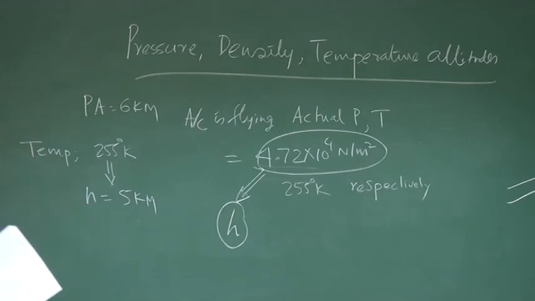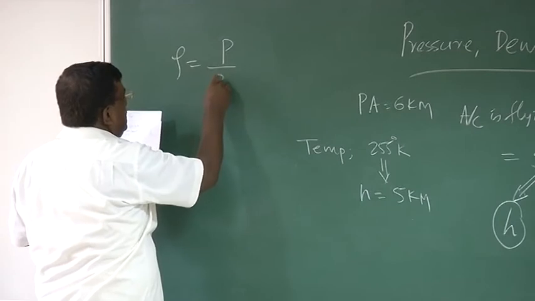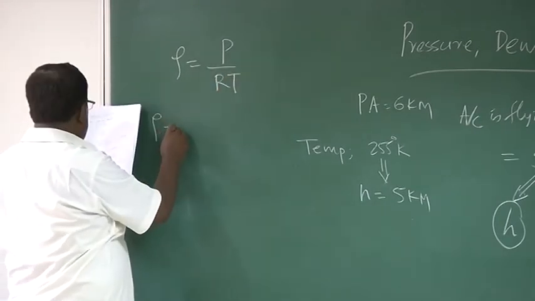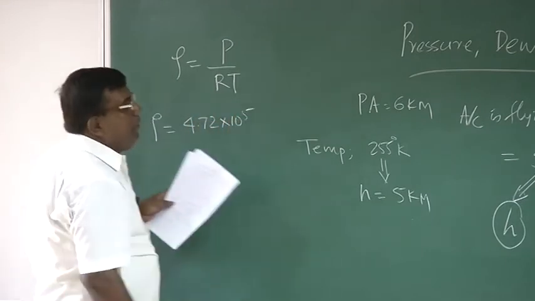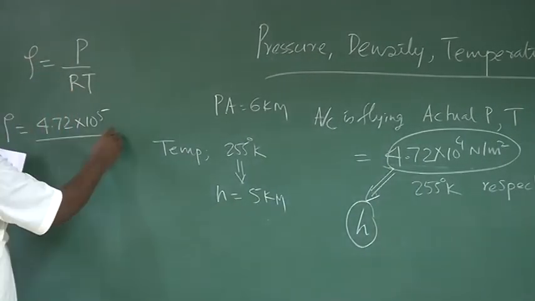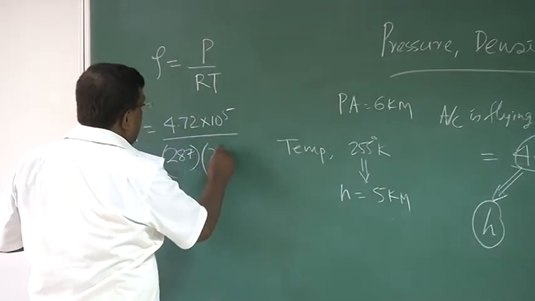Okay? So now, to find the density altitude, what we'll do is simply first find out the density. How do you find density? I write rho equal to P by RT from the perfect gas law. So I'll find rho equal to 4.72 into 10 to the power 5, which was the pressure recorded, then divided by R, we know 287, and T we have recorded as 255.